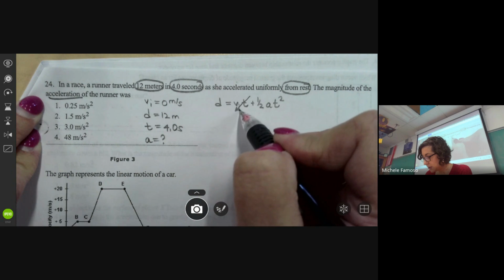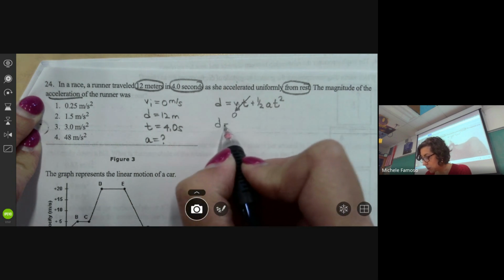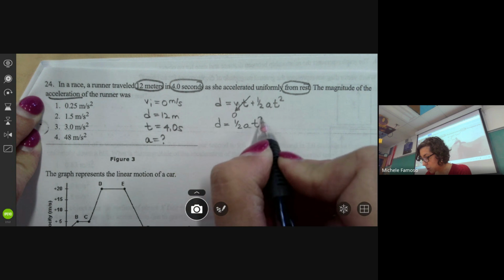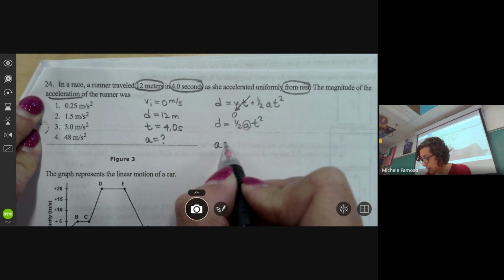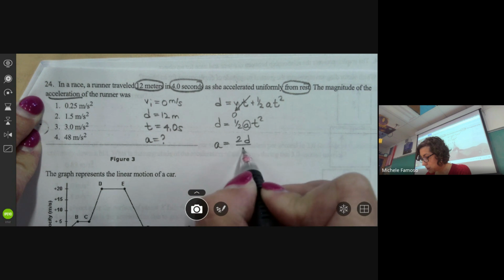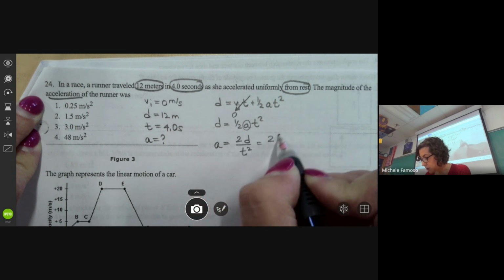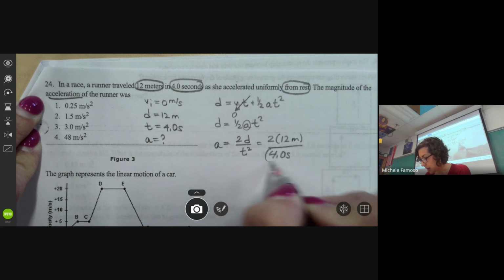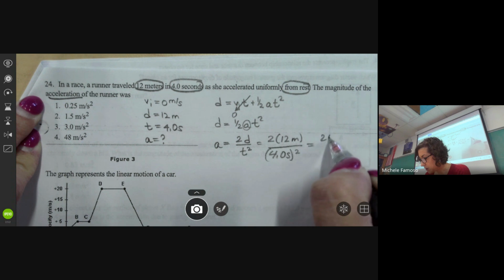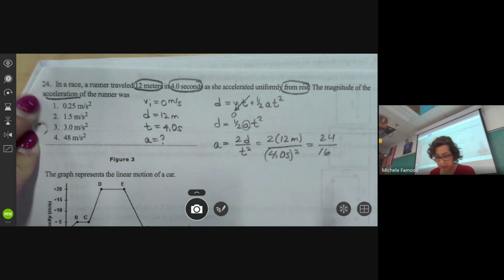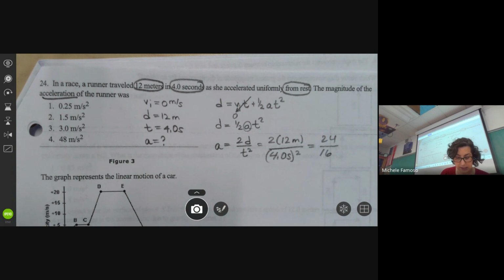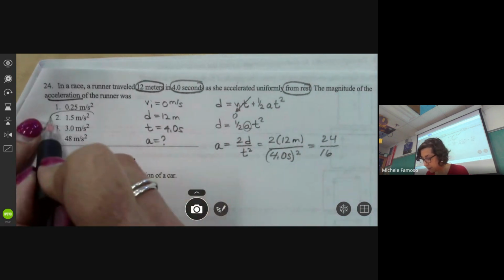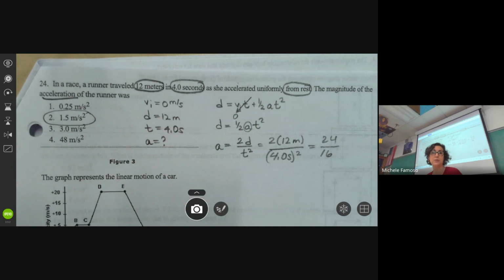The VI is 0, so that's going to go away. So we have to manipulate this equation and solve it for A. That equation for A becomes 2D over T squared. That is 2 times 12 meters over 4.0 seconds, which must get squared. So that's 24 over 16. 24 divided by 16 is 1.5 meter per second squared, choice 2.